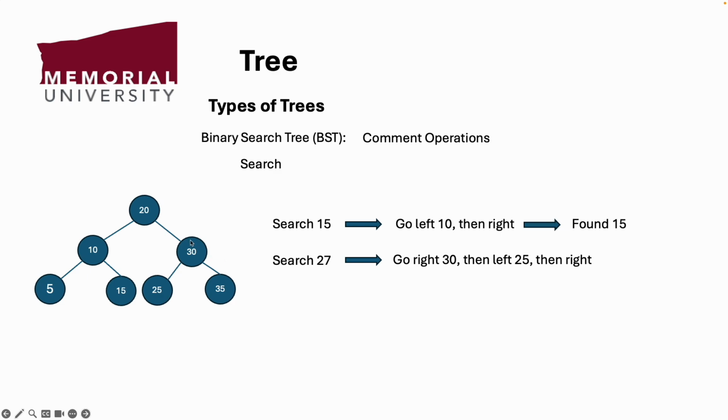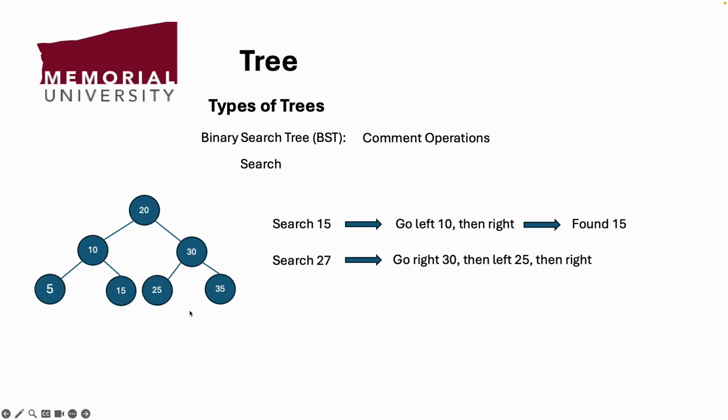Then we compare 27 with the root node of the right subtree, which is 30. 27 is less than 30, so we move to the left. On the left is node 25. We compare with 27; 27 is greater than node 25, so we search on the right of node 25.